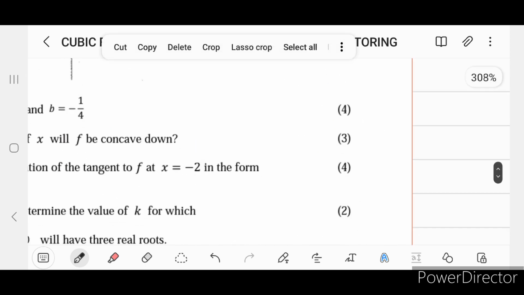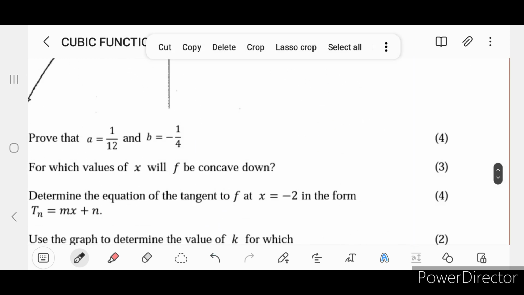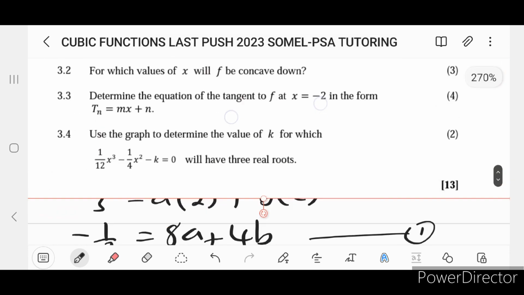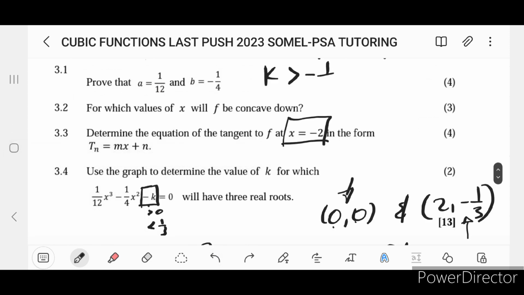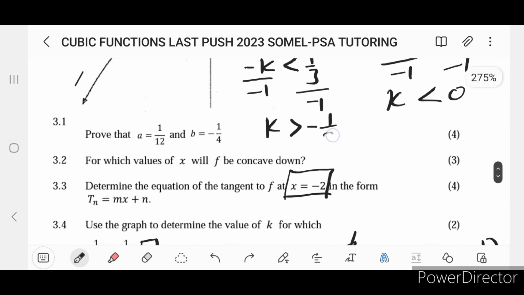So the final answer in that same regard, the final answer will be k greater than negative 1 over 3, k less than 0.